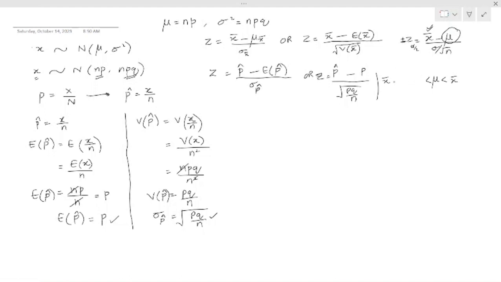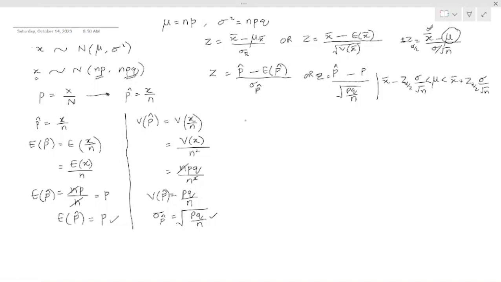Then on the lower bound we write minus, on the upper bound we write plus, and then we multiply these two factors together: z alpha by 2 sigma divided by root n, and z alpha by 2 sigma divided by root n. This is how we have constructed the formula for CI, and this is the direct way of constructing it.